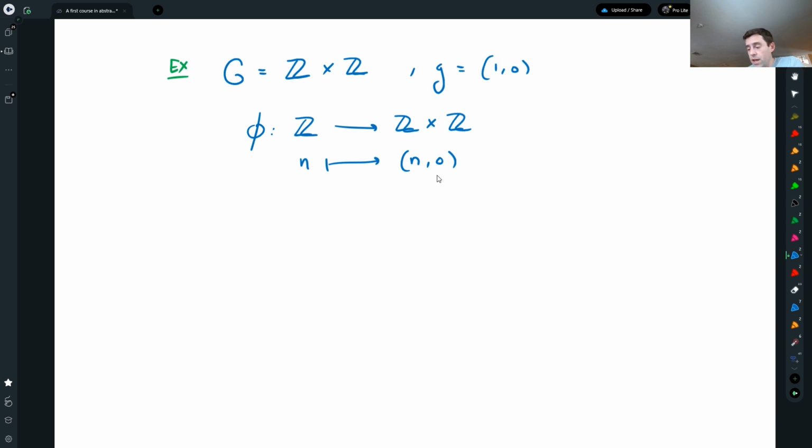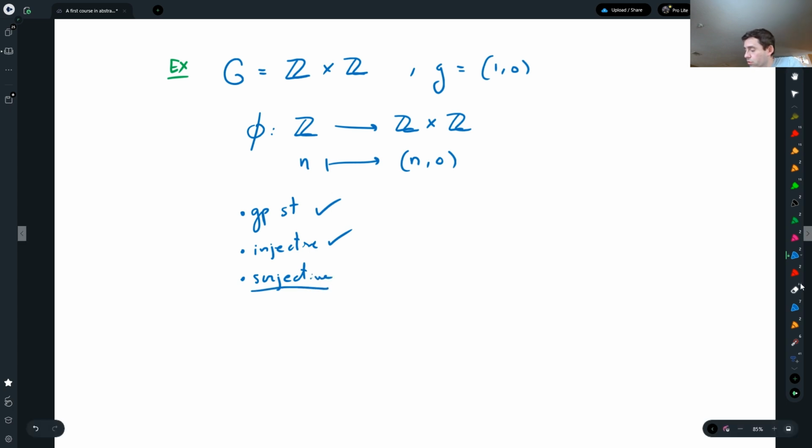So this one also preserves group structure, like before, but it is not surjective. It's injective, but it is not surjective.